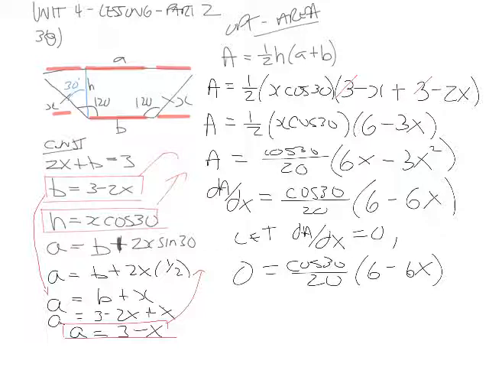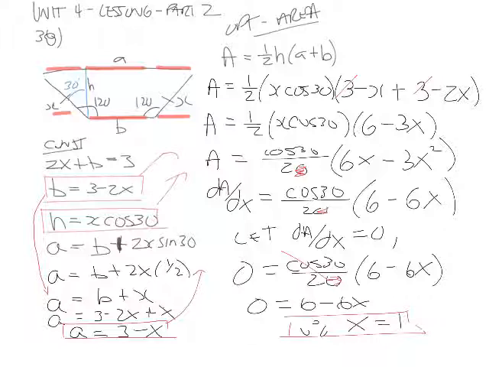I can divide both sides by cos 30 over 2. I apologize, I wrote 20 by mistake; it should have been just 2 all the way down. Regardless, it cancels out. So 0 equals 6 minus 6x, therefore x will have to equal 1. So we know the wing length for this particular question: the wing length must be a value of 1. If you have any questions with that, let me know and I'll try to clear them up.